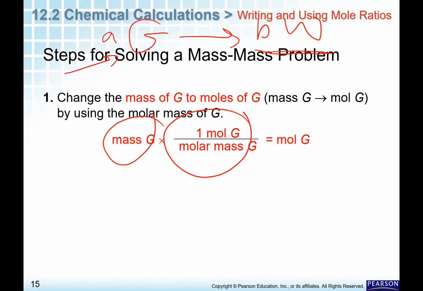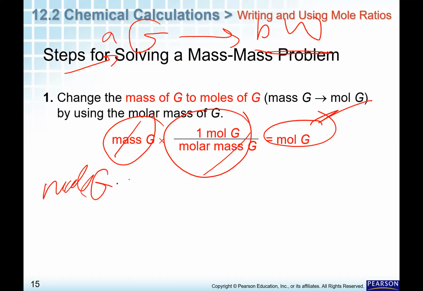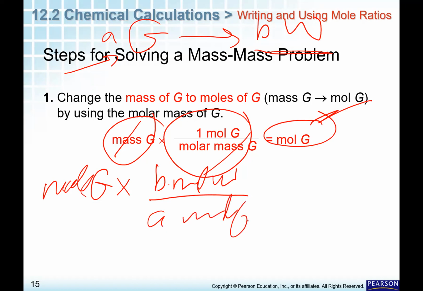We multiply it by the given mass, and then the mass goes with the mass, and we end up with moles of G. Once we have the moles of G, then moles of G is multiplied by the conversion factor, which is, in that case, B moles of W divided by A moles of G. So the G goes with the G, then we end up with moles of W, right?